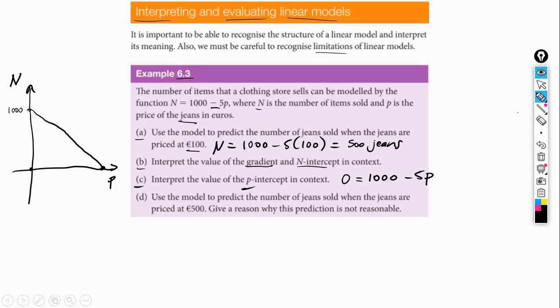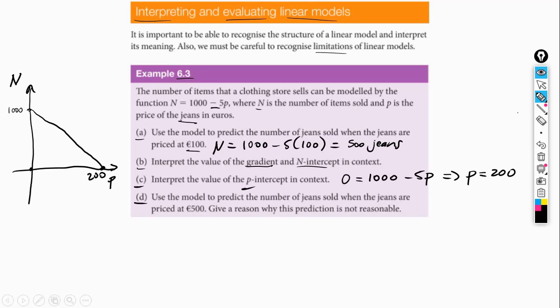So notice that if we solve this, we are going to get that p is equal to 200. So that means that this would be 200. So if the price is 200 euros, then no jeans would be sold. That's what that means in this case.